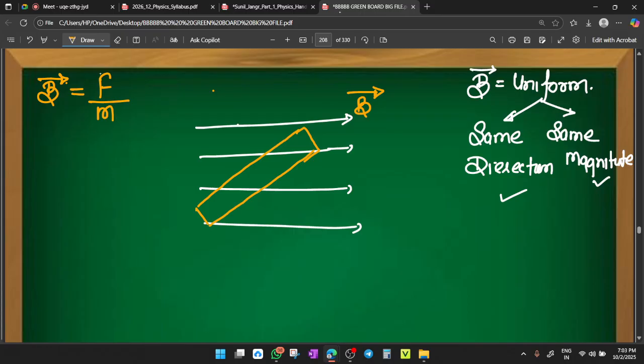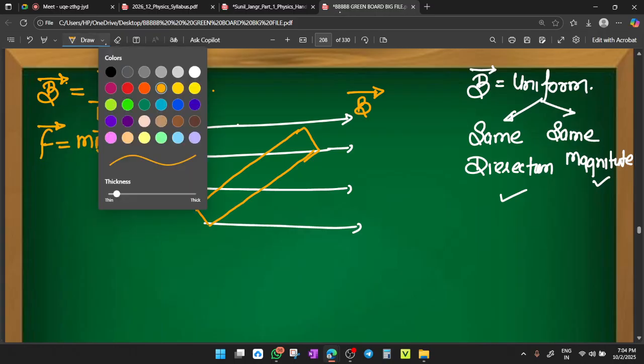Nitin, do you know this formula? We have already derived this. B equals F by M. In the first chapter, first lecture, we completed this. So force can be written as M into B. So F vector equals M into B vector, where M is the pole strength.